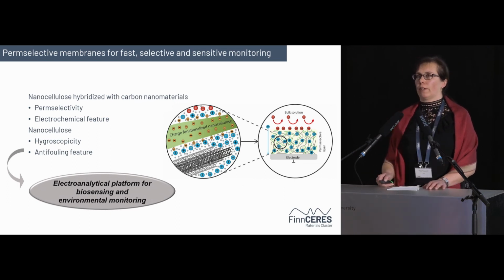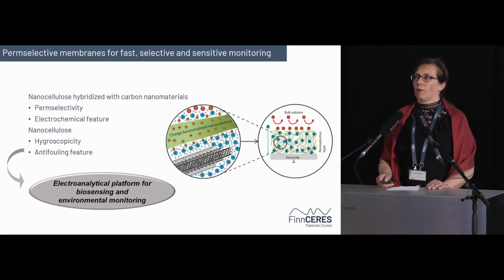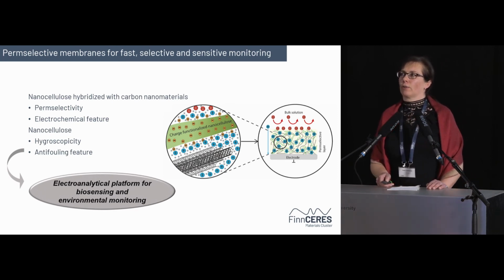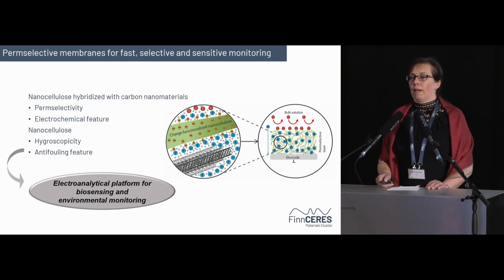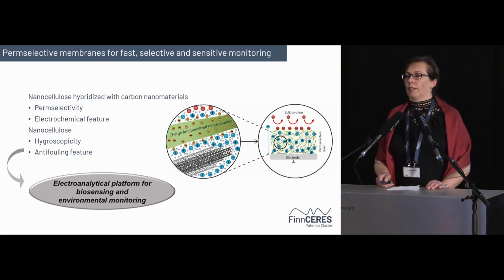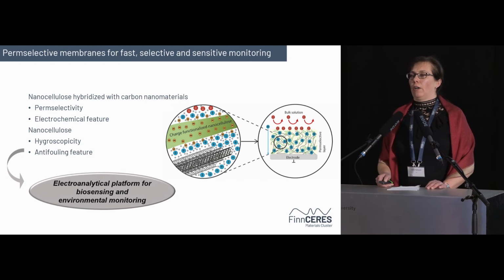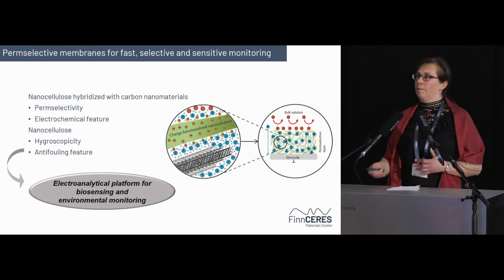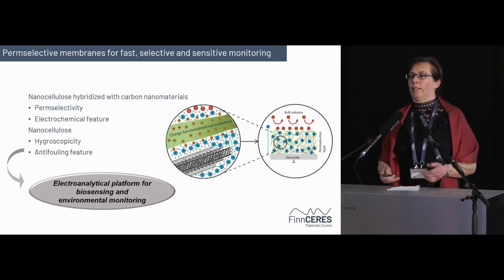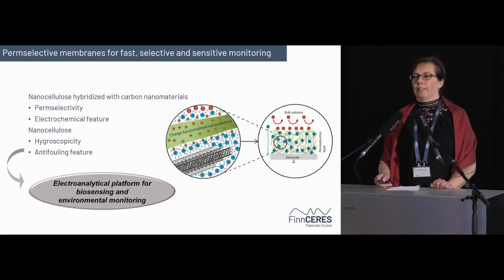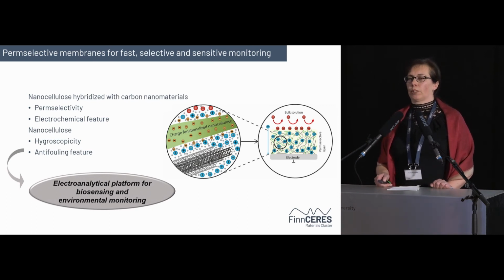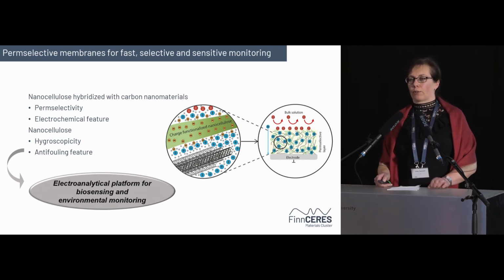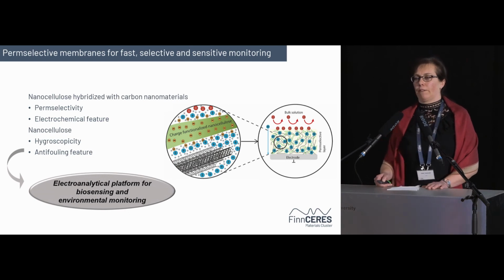This is work done together with Katri Konttori from our side, and Jari Koskinen and Tomi Laurila from Aalto's side. They are the electrochemical experts, and we provide the nanocellulose grades and also the dispersing of these with electrically conductive carbon materials. Perm-selectivity and electrochemical features are what is needed, and by introducing nanocellulose, we provide hygroscopicity and again the anti-fouling feature.